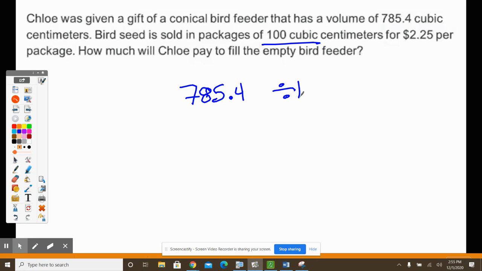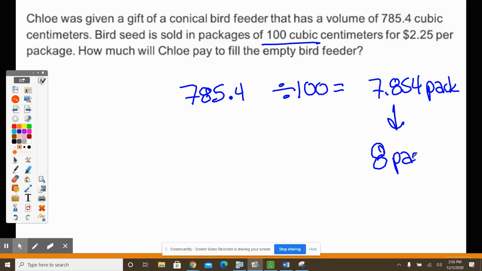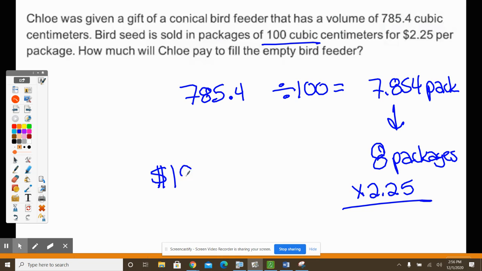We'll divide by 100, and we will get 7.854 packages. But I can't buy a part of a package, so I'm going to have to buy 8 packages to fill it up. And each one costs $2.25. So you multiply that by $2.25. It's going to cost her $18 to feed those birds.